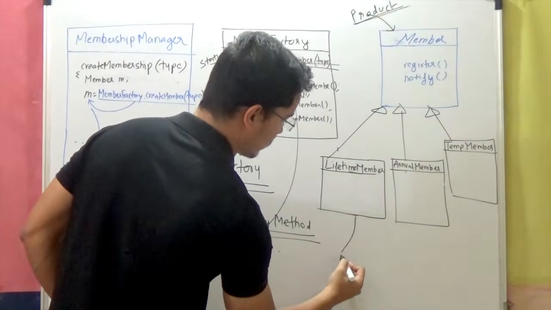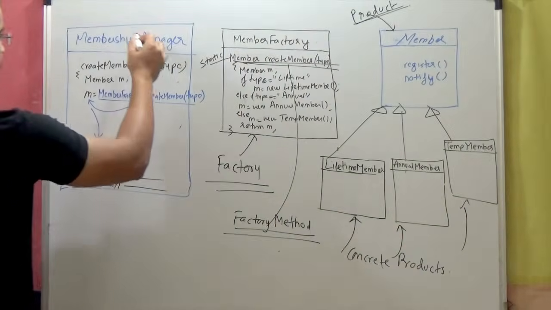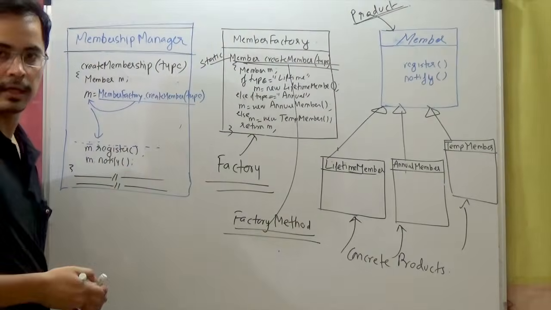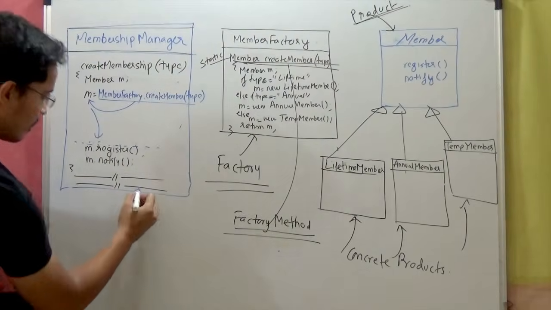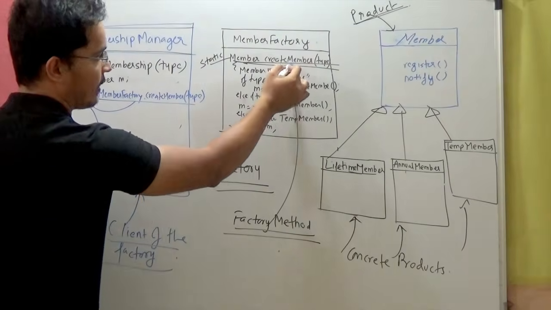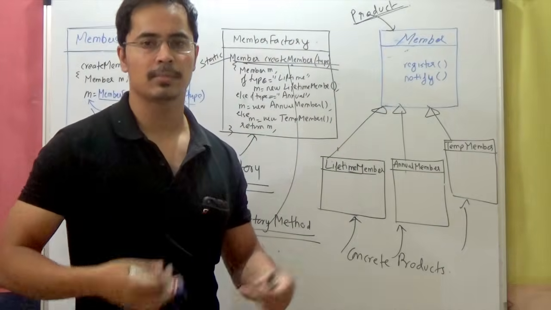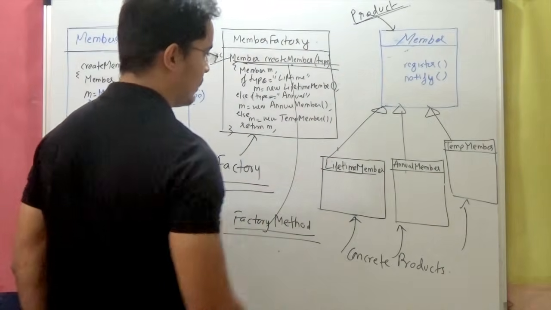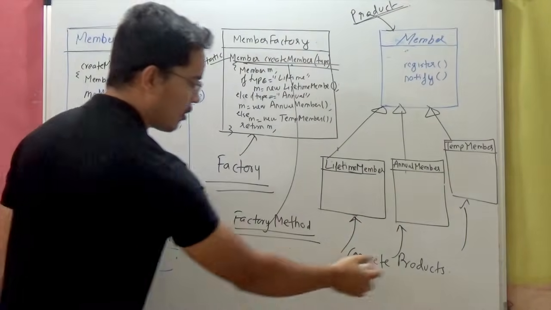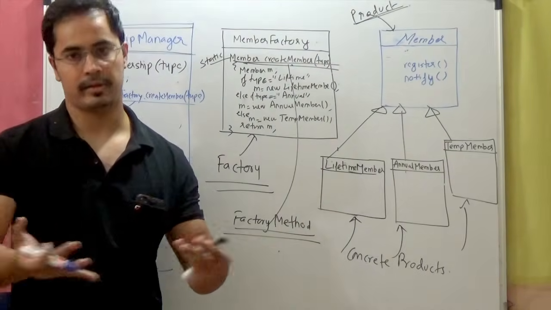And these are called concrete products. And the class which is consuming the factory is called the client of the factory. Client of the factory, factory method, and product, the super type for which the factory creates the specific types. And these specific types are called concrete products. So these are the terminologies regarding factory.